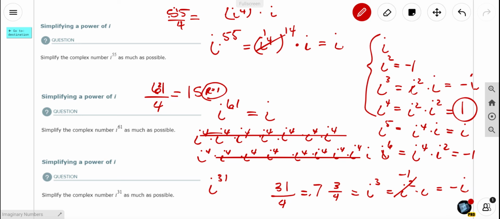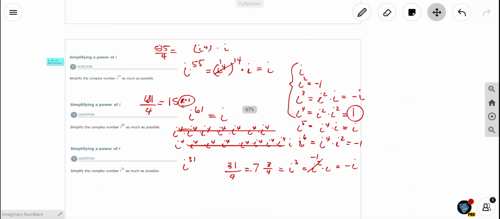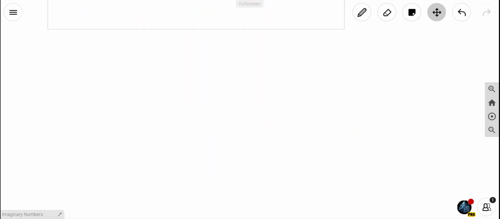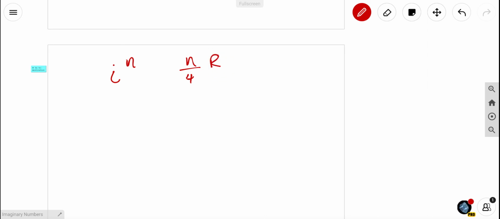This one just takes a little practice. I don't feel like it's very difficult, but I feel like it is one that a lot of times people mess up on. If you want, we could actually write a rule. Like you take i to the n, you take n divided by 4, and whatever is the remainder, that's what you use.